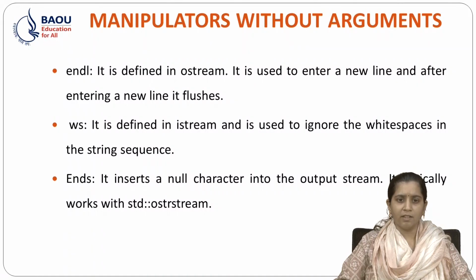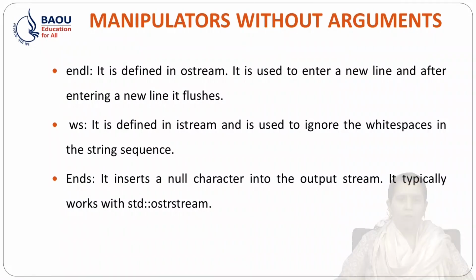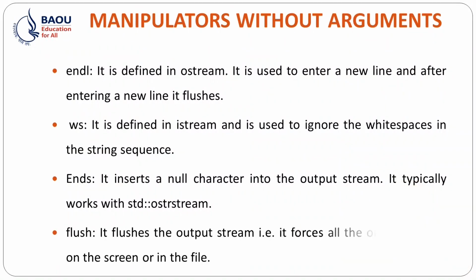Ends, it inserts a null character into the output stream. Flush, it flushes the output stream, that is, it forces all the output to be written on the screen or in the file.